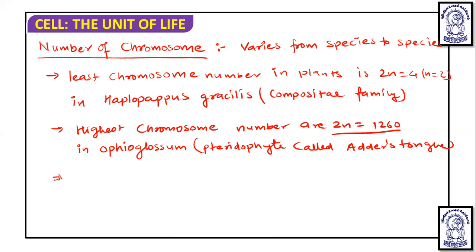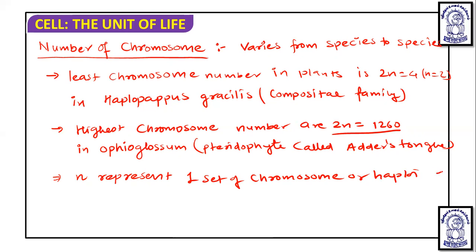Now here n represents one set of chromosomes, or the haploid or gametic chromosome number.